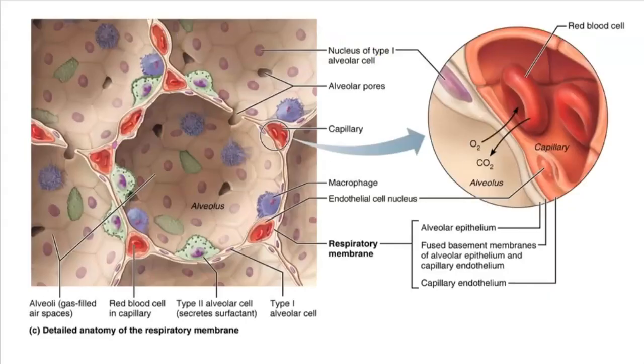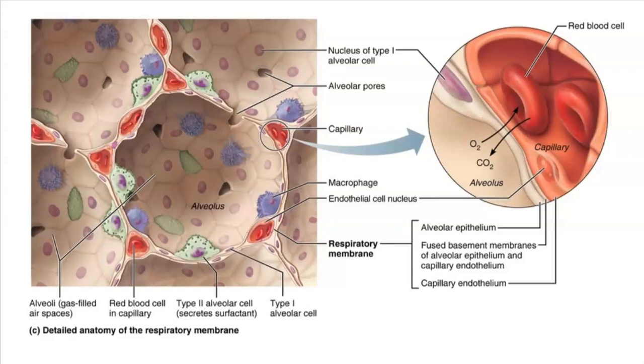So we see that 3 structures in total make up the respiratory membrane. All 3 of them are listed on the lower right side of this diagram here. The respiratory membrane is composed of the alveolar epithelium, the capillary endothelium, and the fused basement membranes that exist between them, which is a connective tissue and protein glue that holds the alveolar epithelium to the capillary endothelium.